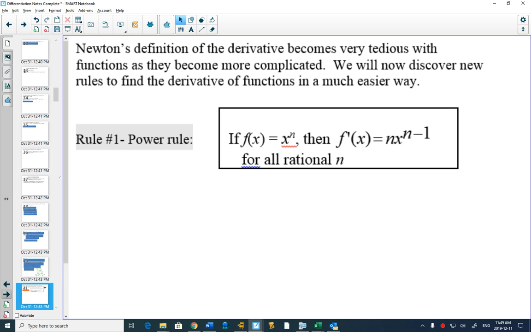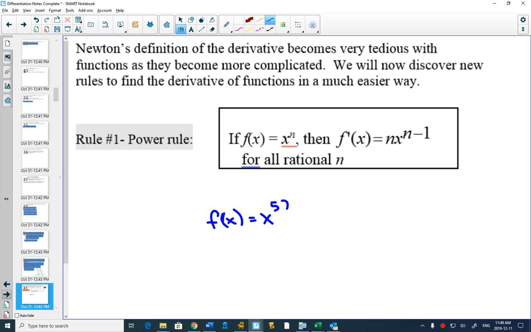Newton's definition of the derivative, that formula, can become very tedious. Can you imagine if I had an x to the 57? Right? So if you wanted to do f of x equals x to the 57, you would just have to draw Pascal's triangle out until you got to the 57th or 58th row.